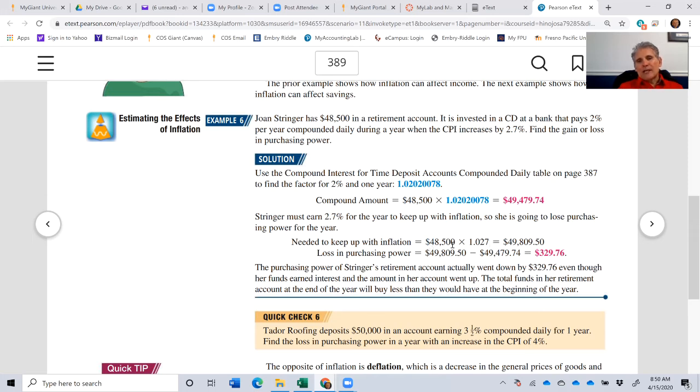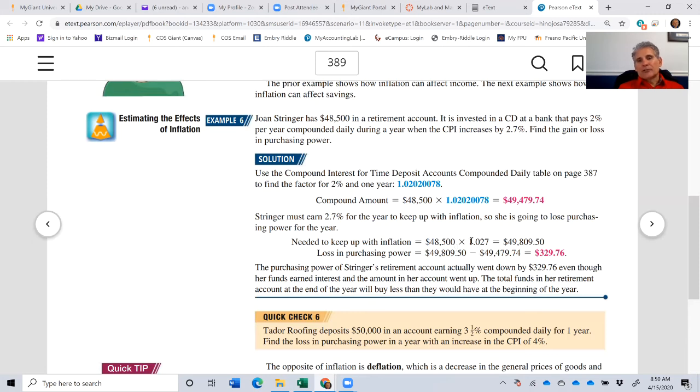We would multiply 48,500 by 0.027, that would give us the amount of interest, but then we'd have to turn around and add that to the original amount, 48,500 plus the interest, to give us the total amount, right? In this case, why do two computations when you can multiply the original amount by 1.027? If you think about it, it makes sense. 1 represents the 48,500, the original amount, and 0.027 is the increase.